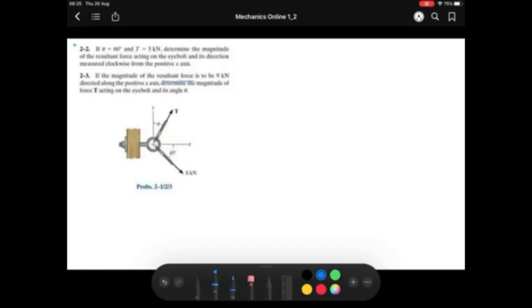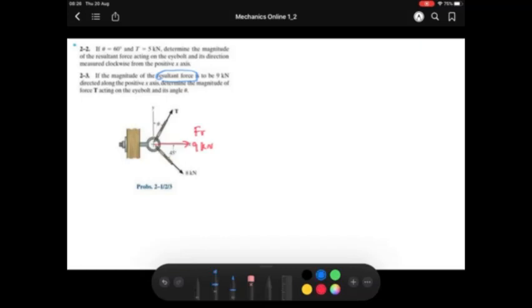They give you the resultant instead of giving you T. The resultant is 9 kilonewtons directed along the positive x-axis, FR. They ask you to determine the magnitude of force T acting on the eye bolt and its angle.